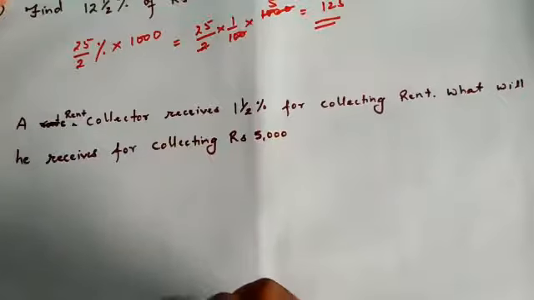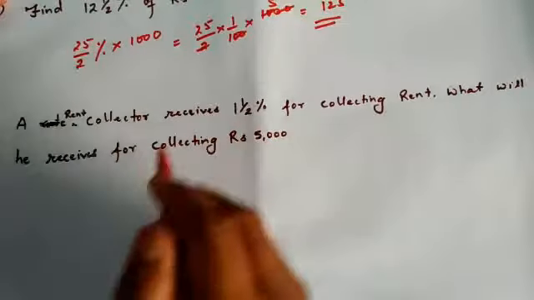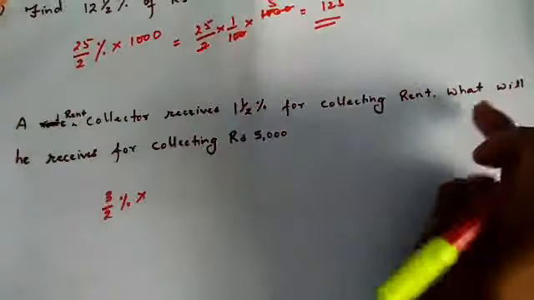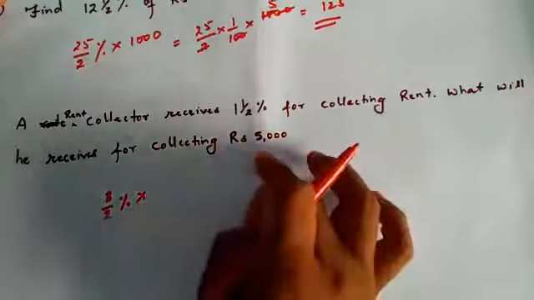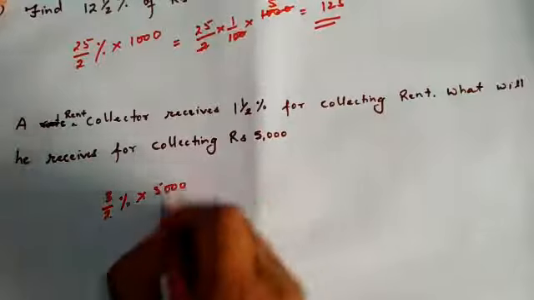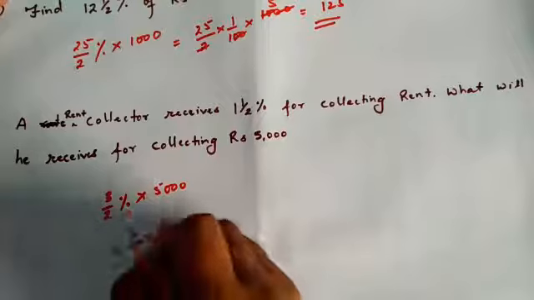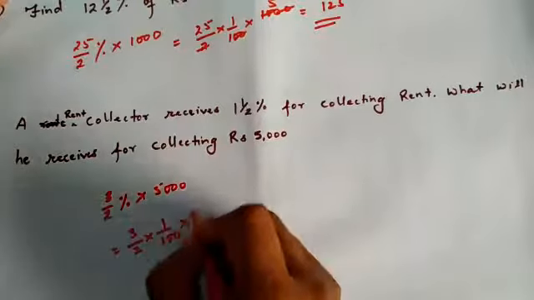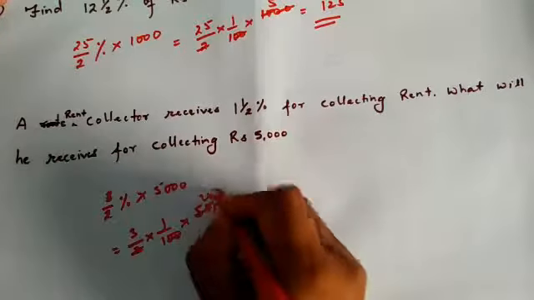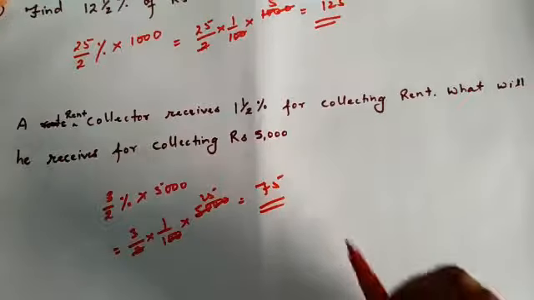It's very much simple. 1.5% means 3 by 2 percent, and we have to calculate it with the help of 5000. Again converting percentage into fraction, 3 by 2 into 1 by 100 into 5000, so calculating, that is 75. He receives rupees 75 for collecting 5000.